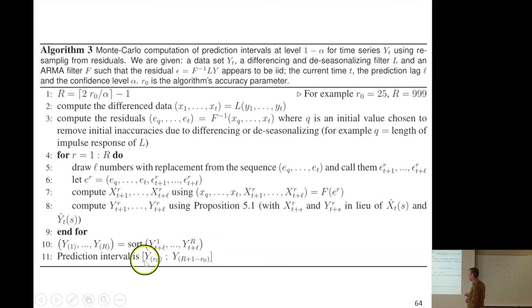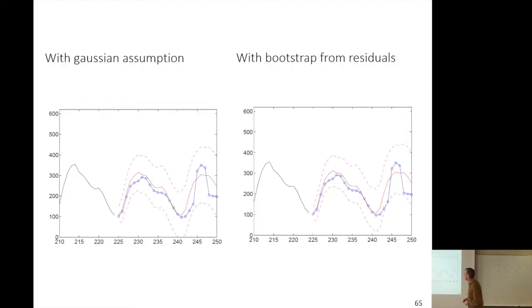And then once I've simulated 999 possible outcomes of y t plus L, I take a prediction interval by doing a coverage interval, as we did usually. I did that here. You can also do that for the point estimate, which will give you a coverage interval. Here I did not do it for the point estimate. I kept the point estimate unchanged, but I could also take the median of those to find a point estimate.